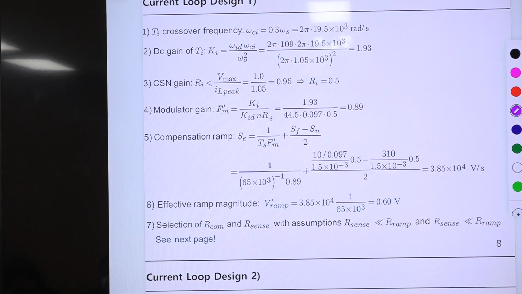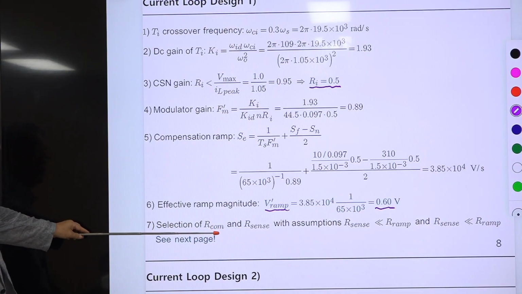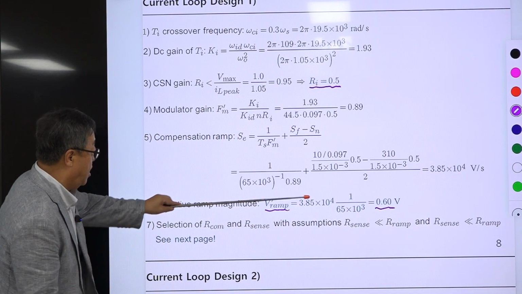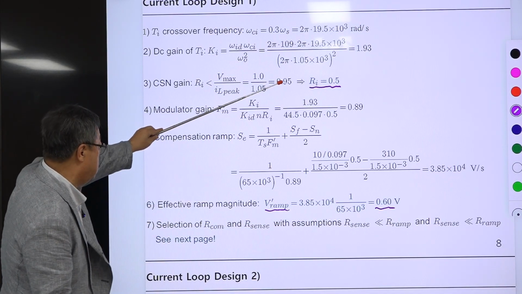So we obtained the two critical numbers here. Ri is this one, and this V ramp is this one. And the remaining step is to select Rcom and Rsense to get this number and this number.